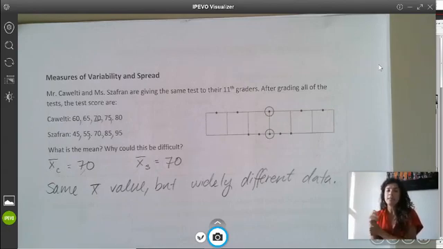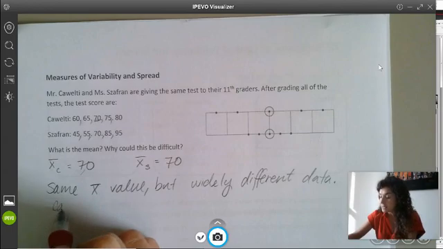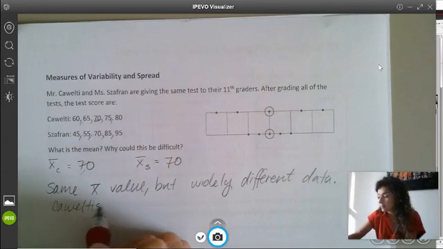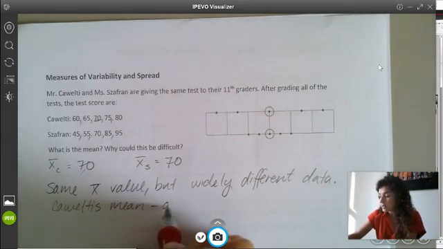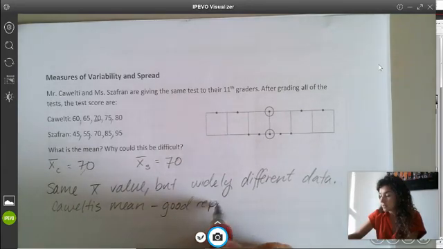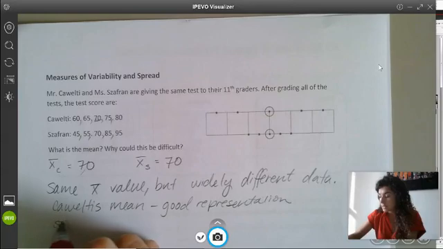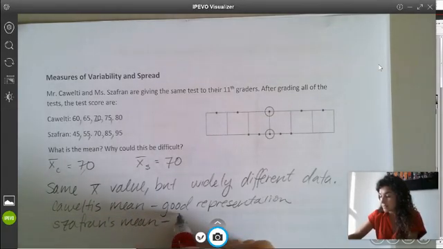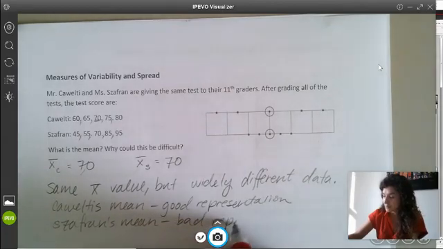So that idea of being surprised, hearing the mean and then seeing your data, means that that mean is not a good representation of the data, not a good way to look at the data. So Kuwelty's mean is a good representation, and Zaffron's mean is a bad representation.